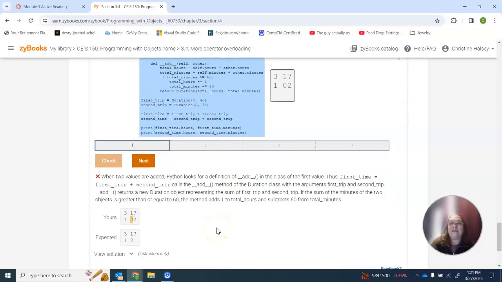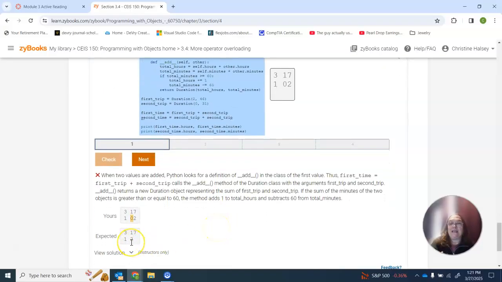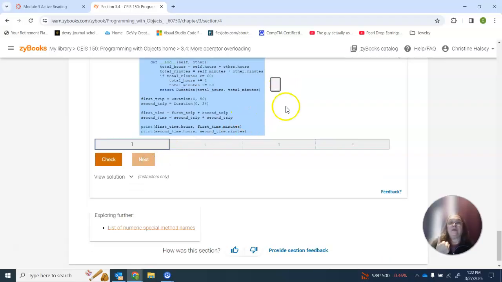And the expected answer is wrong. That would be 1 minute and 20, according to them, but they're just not wanting the 0 here. That was the crappy part, but okay, whatever.